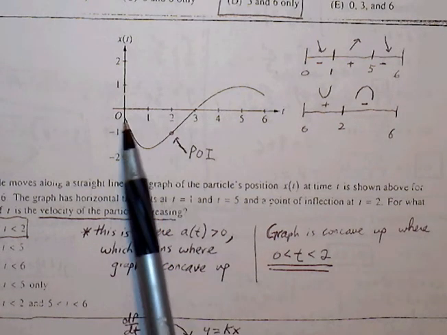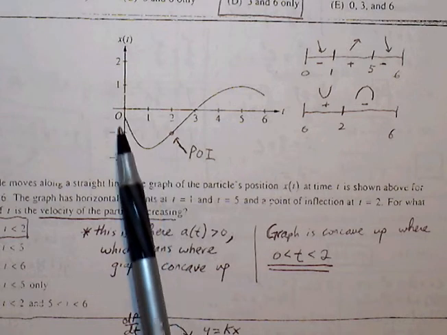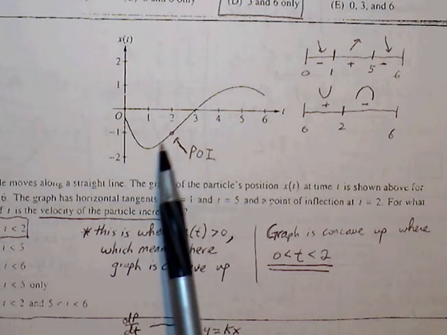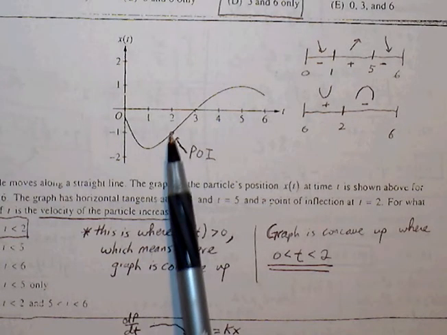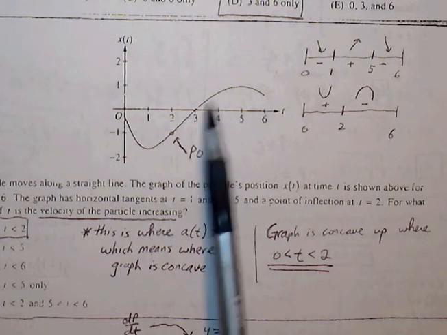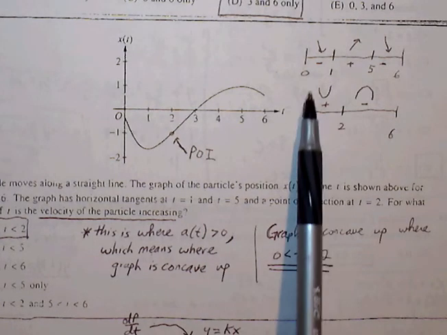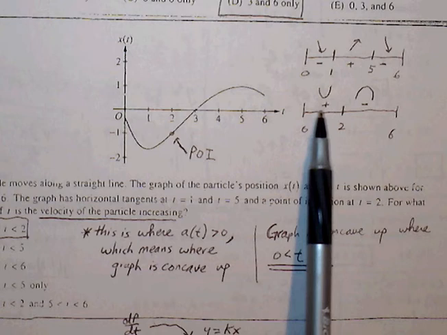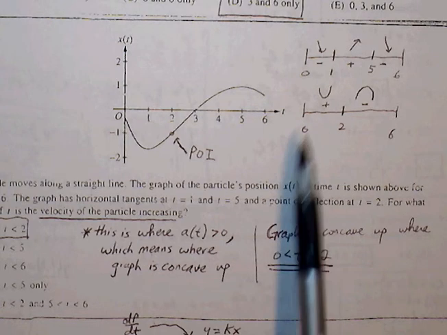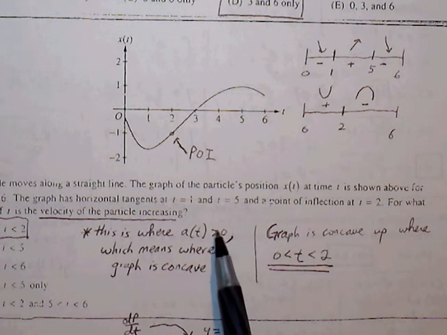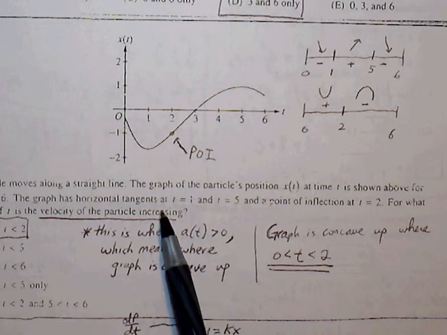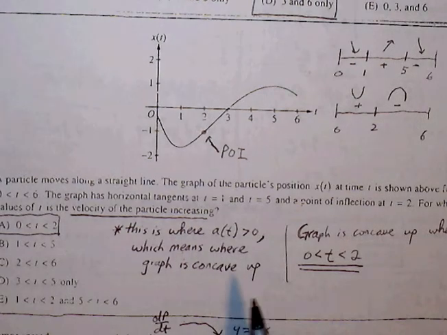Now this is the original graph, so we can just look at the shape. This shape is a parabola opening up, so this is concave up, and this shape is concave down. So we know that concave up is going to be from 0 to 2. Concave up means acceleration is positive, which means that the velocity of the particle is increasing.